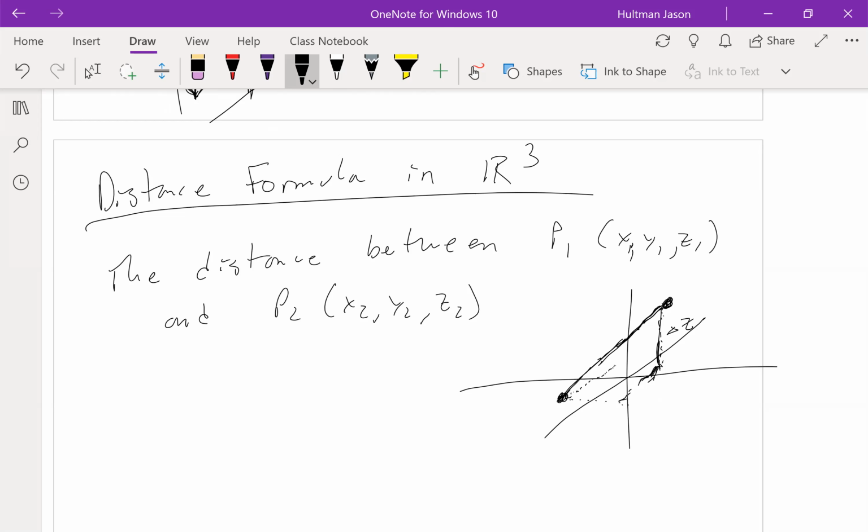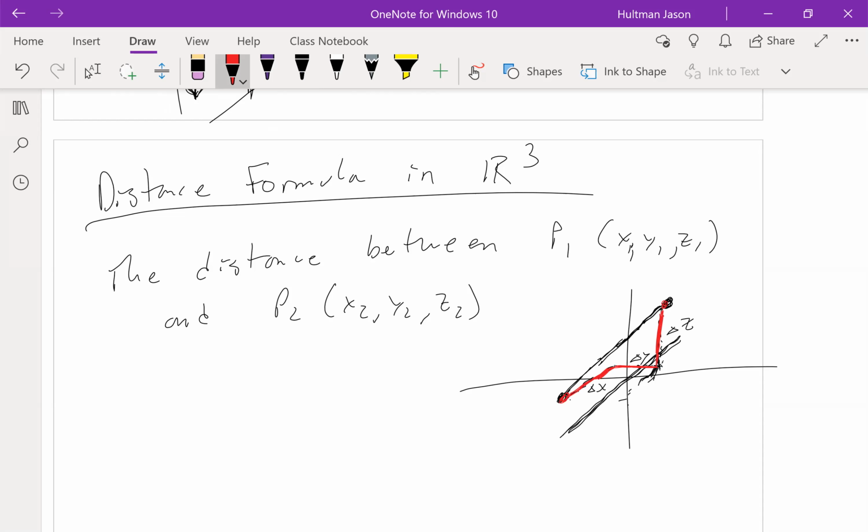I could go x first, and then y, and then z, right? So this is delta x, this is delta y, and that's delta z. I'll put those in a different color, because the black is just getting all over the place. The change in x, the change in y, and then the change in z, right? So that's the distance between those two.